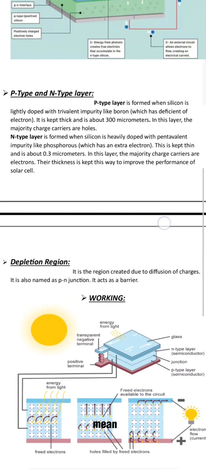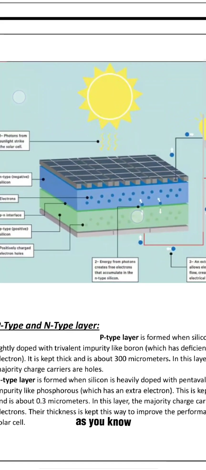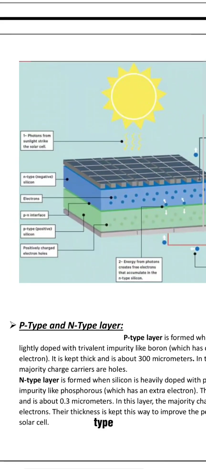What does it mean? It simply means that, as you know, the p-type and n-type layers are only separated by a depletion region. The p-type layer contains holes and the n-type layer contains electrons. When they are in contact with each other, some of those electrons and holes combine and diffuse with each other, and they form this layer.